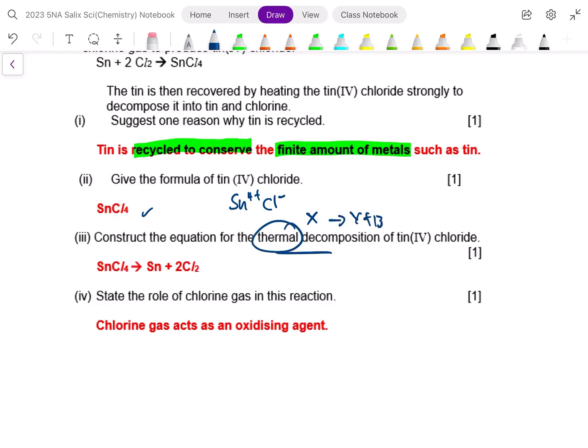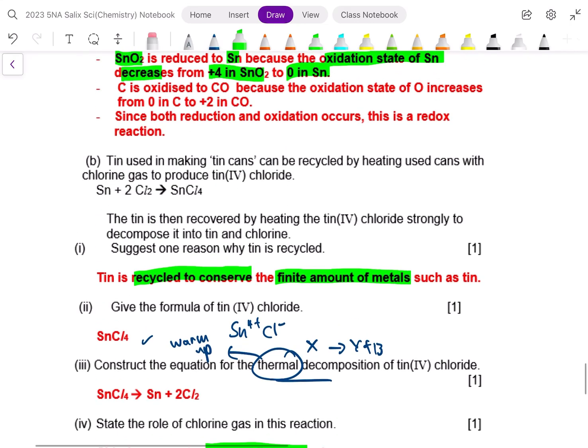The thermal means you need to heat it up. And then the role of the chlorine gas is to act as an oxidizing agent.